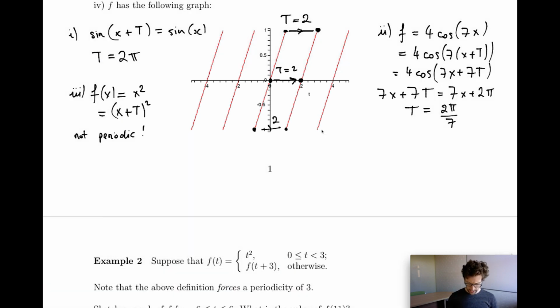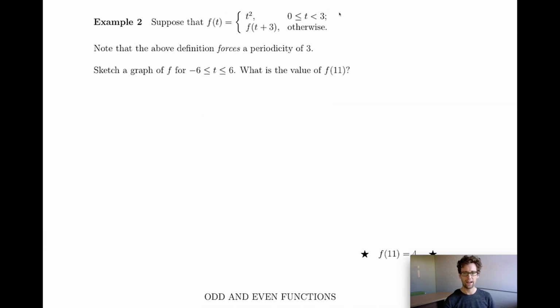Okay, so let's see if we have a function defined in the following way, that it is indeed periodic. You see I've got f of t is equal to t squared between 0 and 3, and then outside of those values 0 to 3, it's equal to f of t plus 3. And that's a shorthand notation that I'm going to use to indicate that this is a periodic function with period 3.